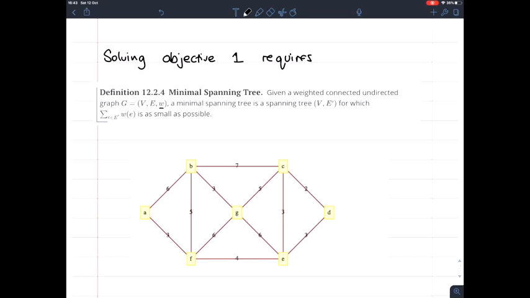A minimal spanning tree is a spanning tree, so it has all the vertices of the original graph and edges that connect all of the vertices. And then we pick the spanning tree, because there might be many, for which the sum of the weights of the edges is as small as possible.